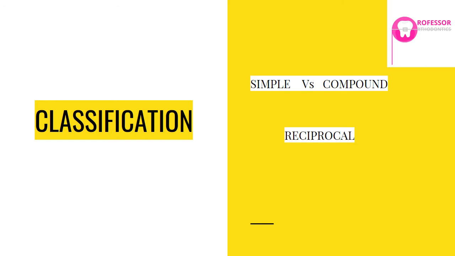These are the cases wherein just using what is available is not enough. Just taking support of the anchorage value that is present will not be adequate. We have to reinforce anchorage to enhance the anchorage value of the anchorage unit. So what do you do? You use extra things. You use auxiliaries like a transpalatal button or a transpalatal arch or a lip bumper and many more that we'll discuss now.